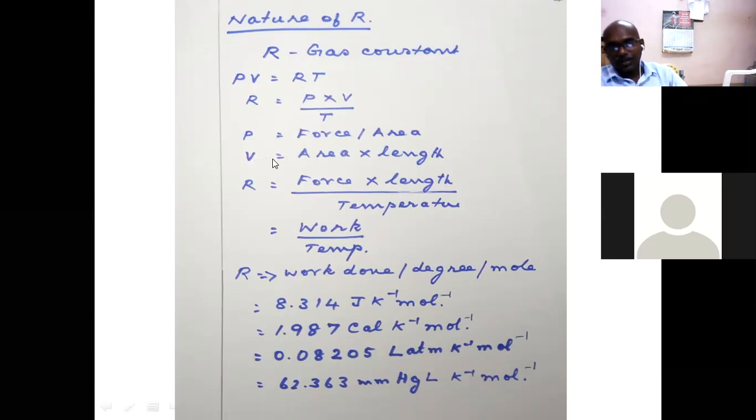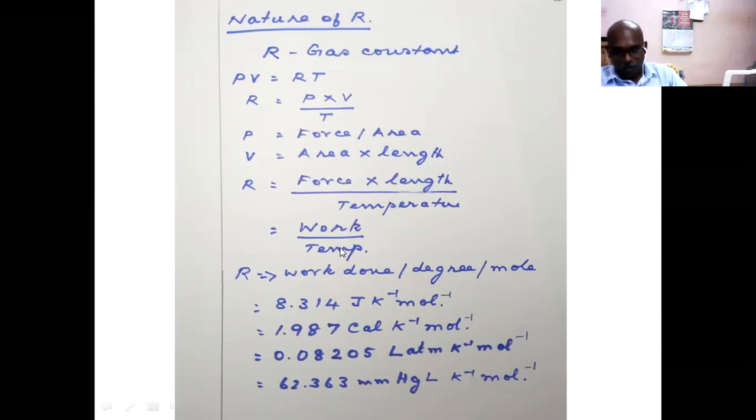What is volume? Area multiplied by length. So I am substituting these two things in the place of pressure and volume. When you substitute, the area and the area get cancelled in this equation, and what you finally get is force multiplied by length divided by temperature. Force into length is nothing but work.